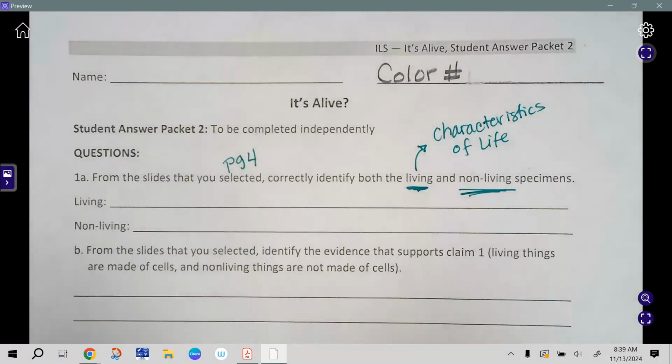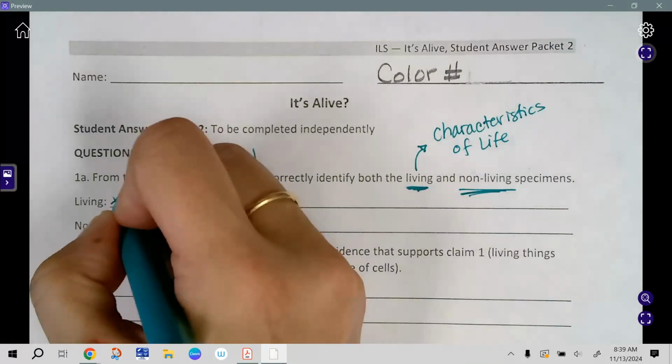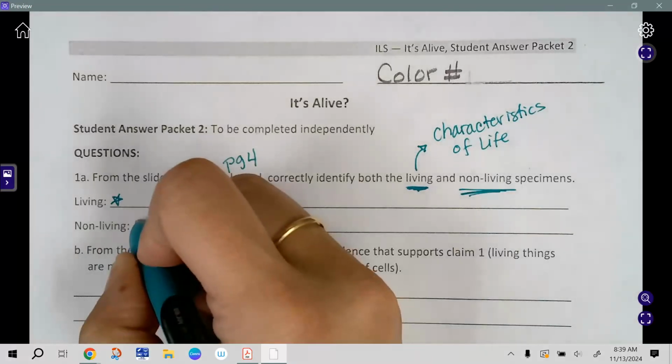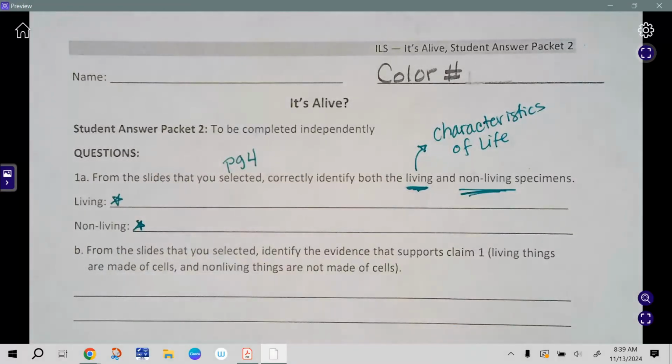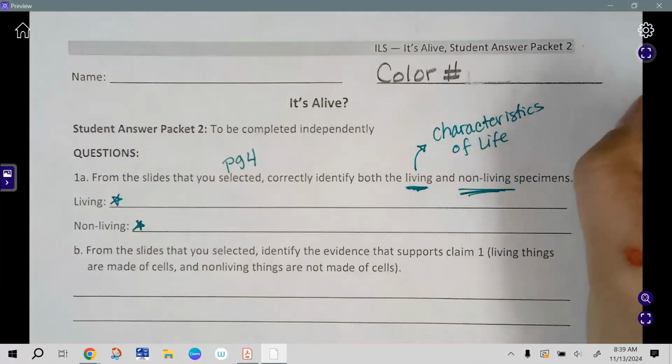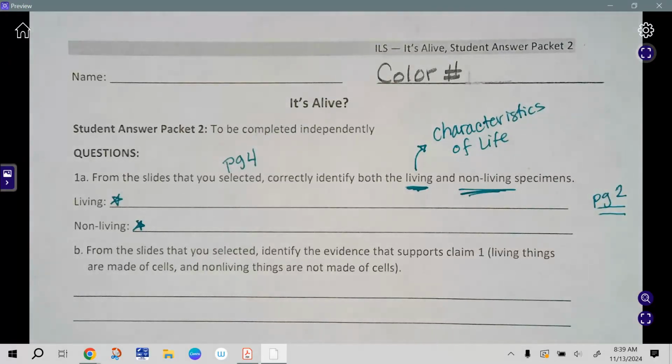So you're going to list right here the specimens you had that were living and the specimen you had that was non-living. And you can also use that chart we made on page 2 where we listed whether they were living or non-living in order to fill this out. So pause and complete 1A.